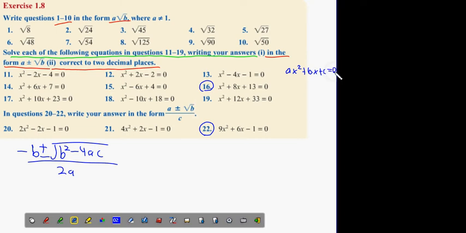The rule is, whatever number comes in front of the x squared is a. Here, a equals 1. Whatever number comes in front of the x is b. I'll always write down what minus b is directly underneath that. c is 13, and b is minus 8.